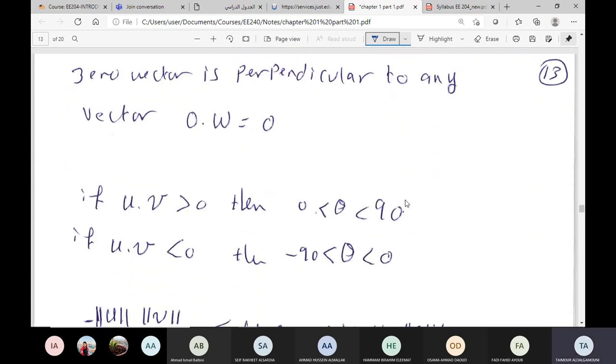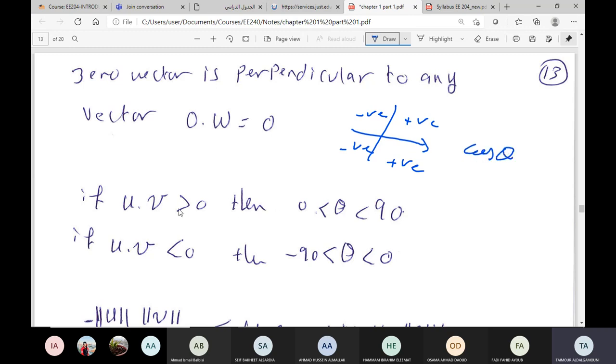Now, if the dot product between the two vectors is greater than 0, that means, if we look at the quarters, we have 4 quarters. The cosine is positive in this quarter. It is negative in this quarter, right? It is again negative in this quarter and positive in this quarter. This is cosine theta.